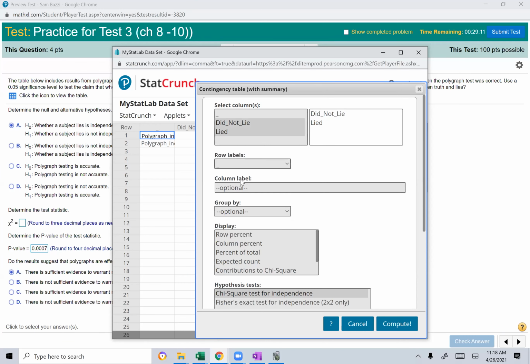Okay, that's the one, and that's optional. That's all I need. Just hit compute, guys. And here you go. You get the p-value, and look, 0.0007, exactly what we did, and that's the test statistic. Okay, so you could use StatCrunch as well.